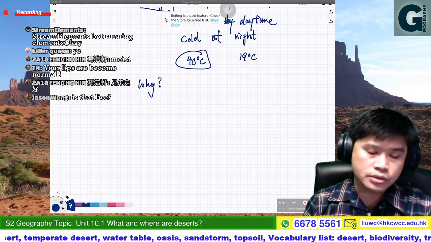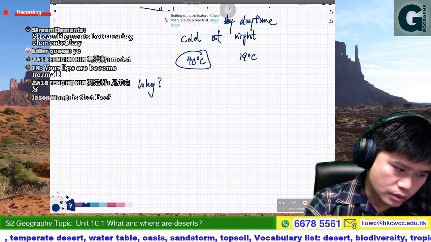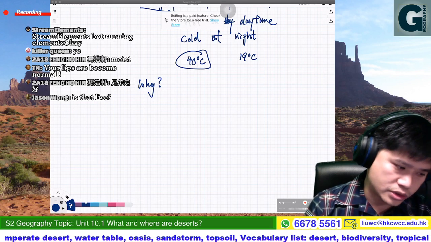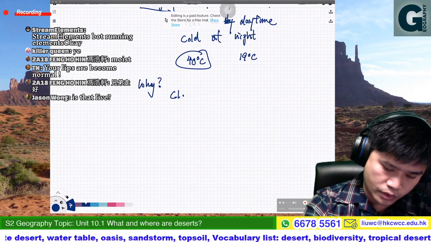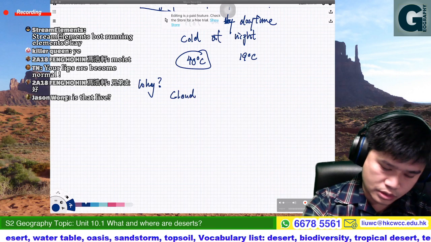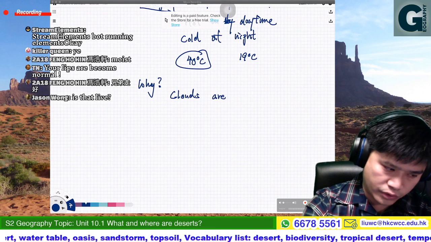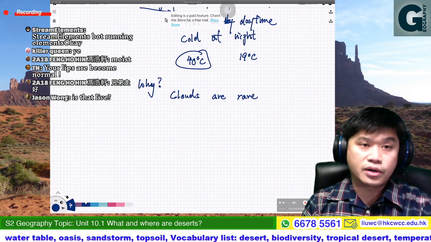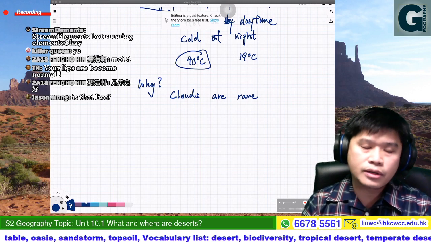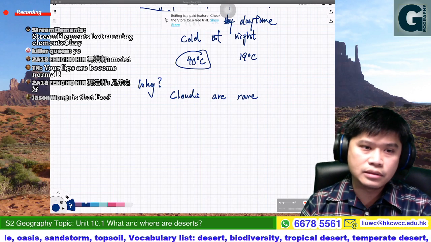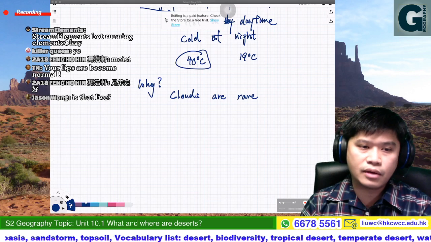One explanation, which you may highlight in your textbook, is that clouds are rare. Clouds are rare, so it means that there will be no cloud cover in the desert area.